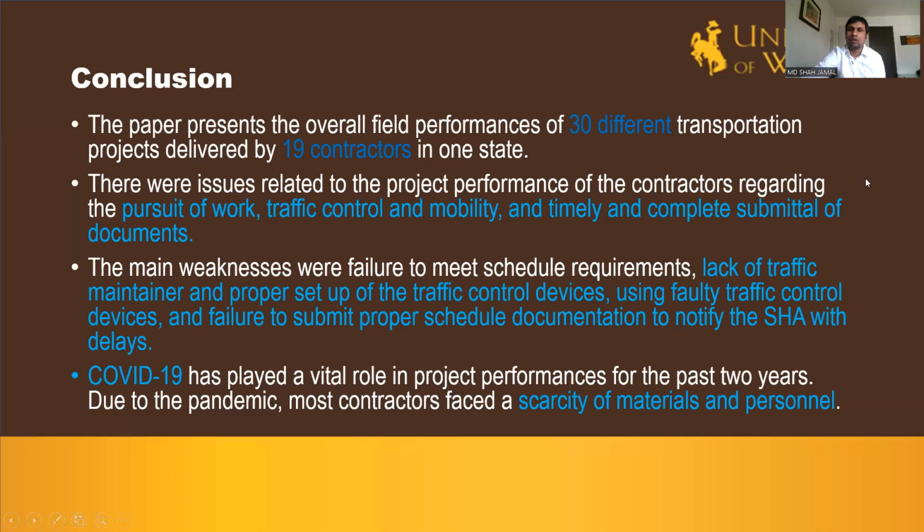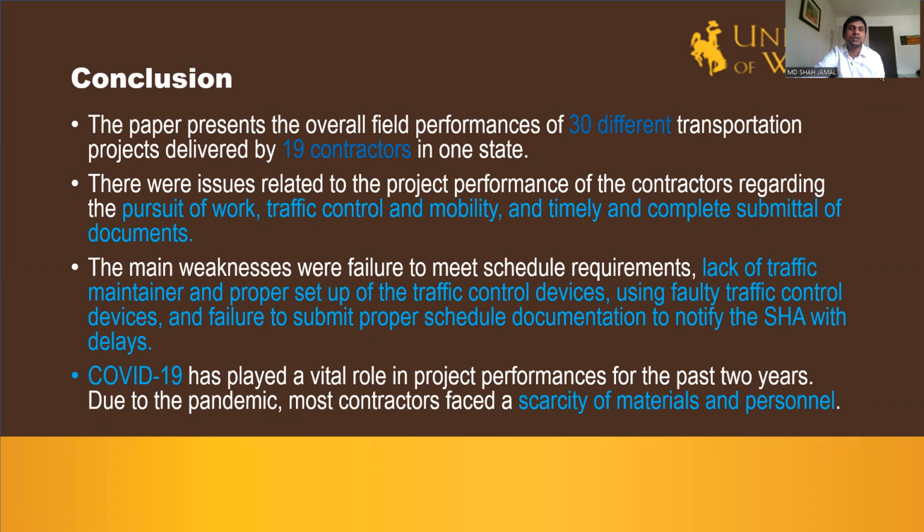The main conclusion of this paper presents the overall field performance of 30 different transportation projects delivered by 19 contractors in all states. There were issues related to the project performance of the contractors regarding the pursuit of work, traffic control and mobility, and timely and complete submittal of documents.